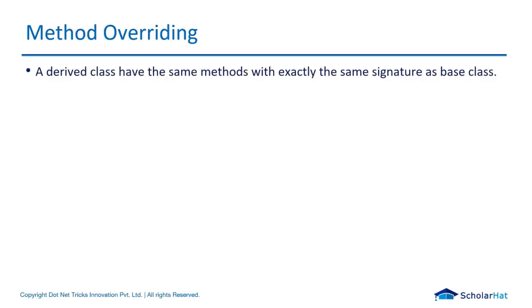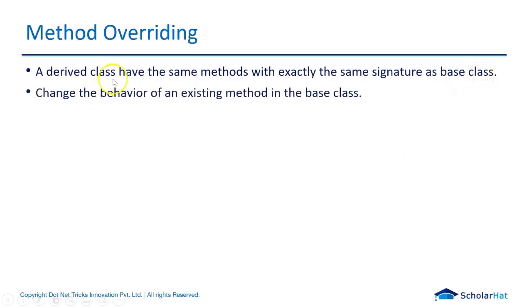multiple classes come into the picture, a kind of parent-child relationship. A derived class, child class, or subclass has methods with exactly the same signature as the base class or parent class has. So overriding, in its general meaning, is rewriting the behavior.